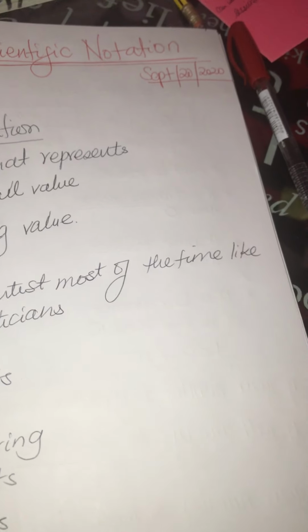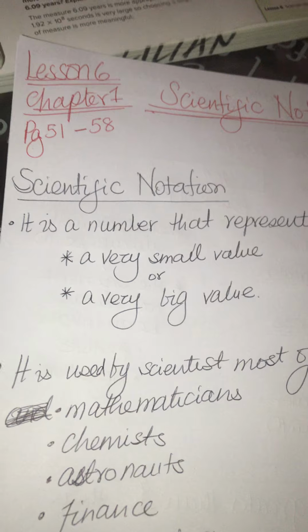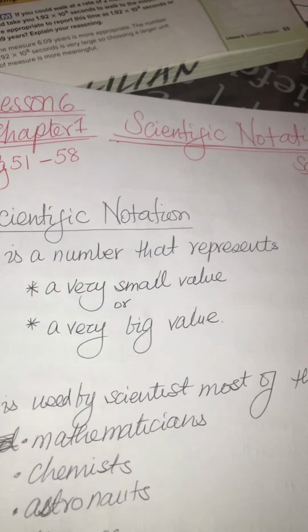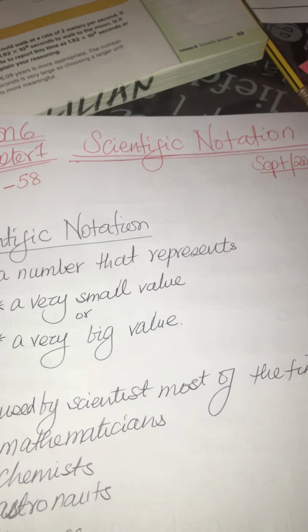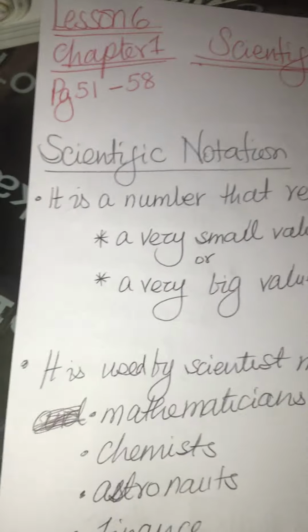And the number has so many digits up to the door over there. Because these values represent either a very small value or a very big value, that is why we have to write them in scientific notation, okay?